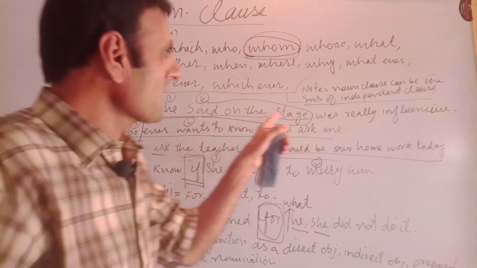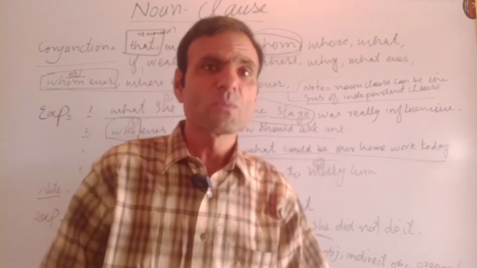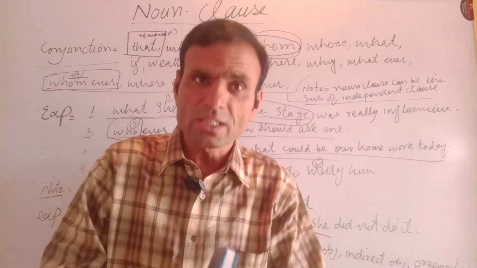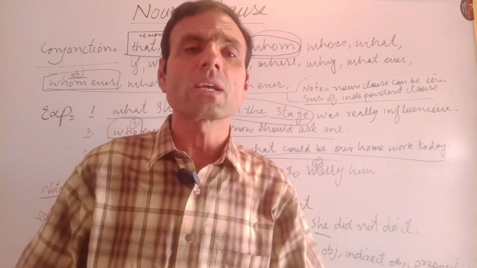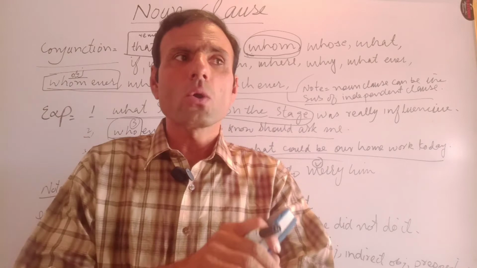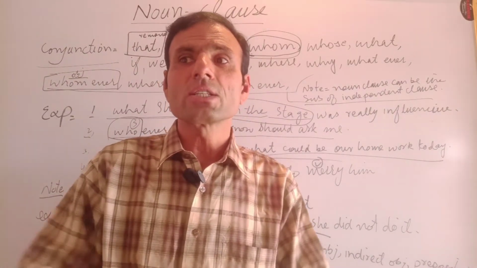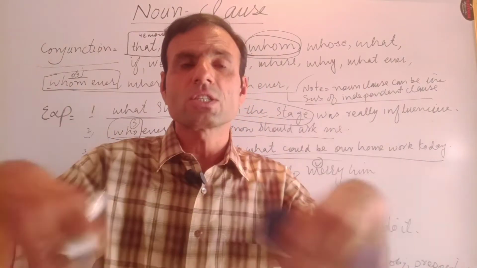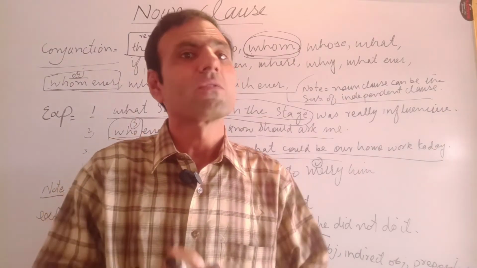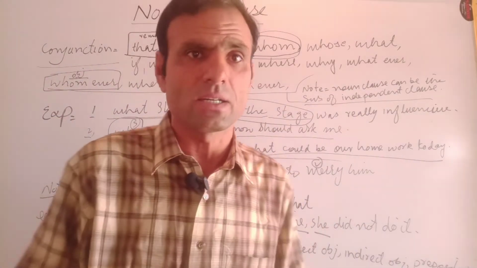What she said on the stage was really influential. Now, she said on the stage, it means she is delivering a political speech, or she is talking about some business activities, or she is teaching the students. She is standing on the stand and she is speaking things which are very influential, meaning it's influencing the listeners.